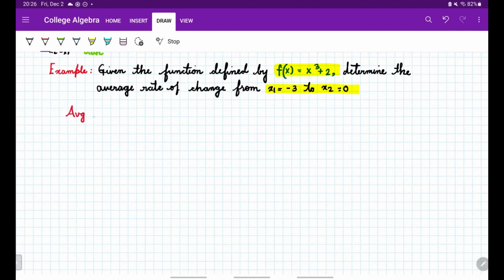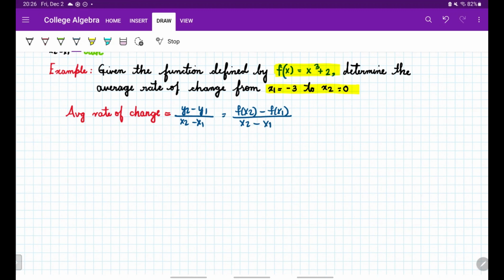Average rate of change is equal to y2 minus y1 over x2 minus x1. y2 is f of x2 and y1 is f of x1, and then we're dividing it by x2 minus x1.